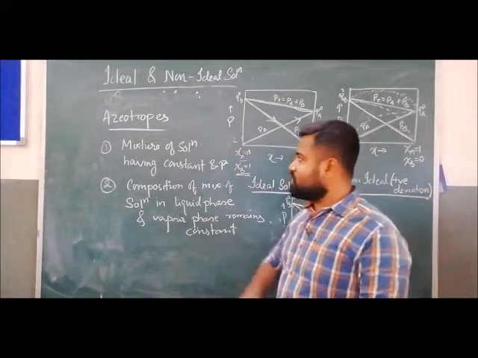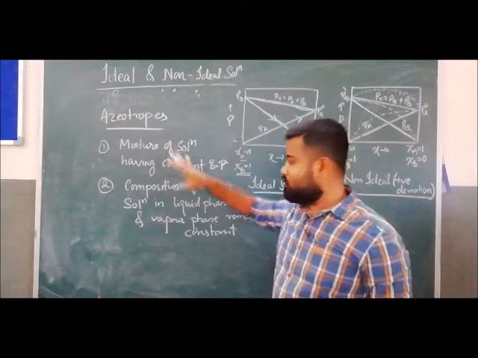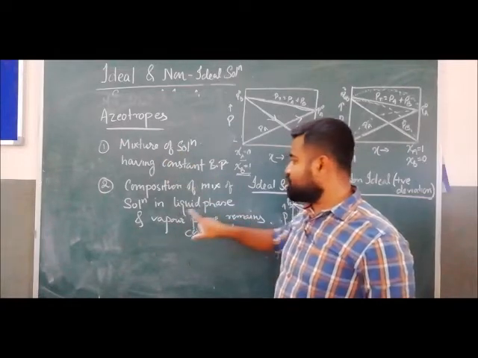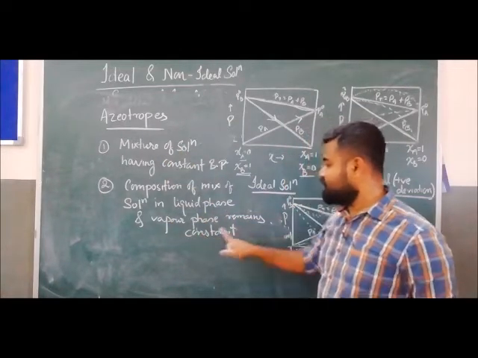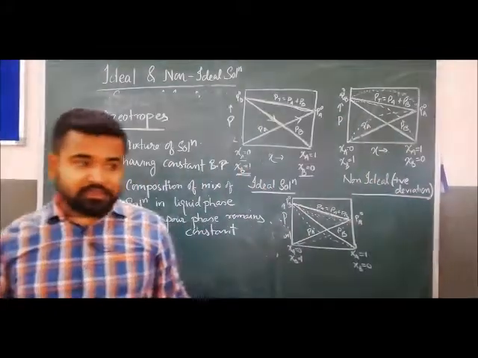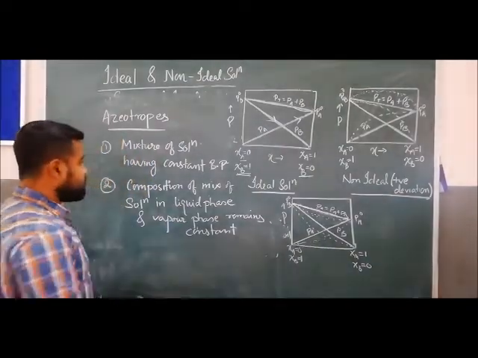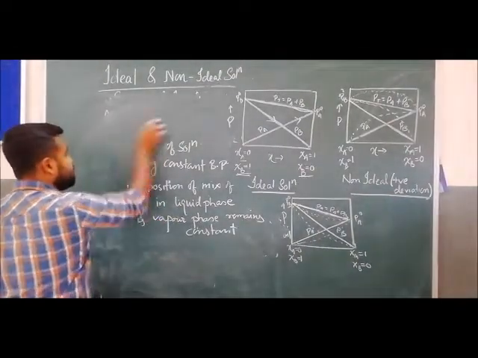So what are azeotropes? These are two important points of azeotropes. A mixture of solution having a constant boiling point, where the composition in liquid phase and vapor phase remains constant. It means azeotropes cannot be separated by fractional distillation.